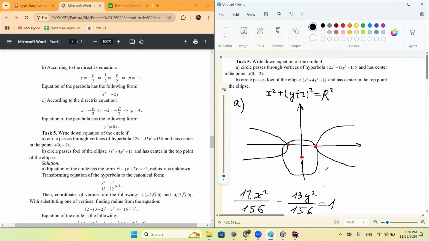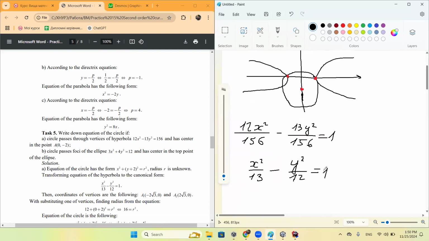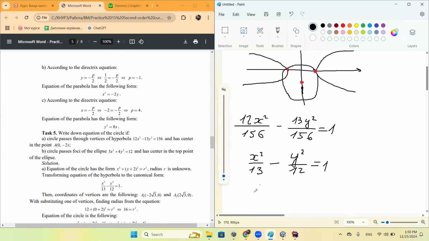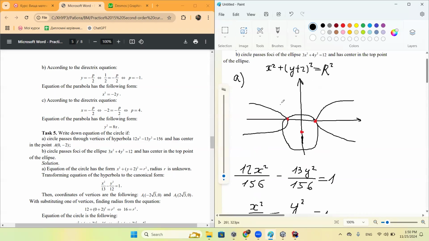So coordinates of the vertices are the following. Oh, no, incorrect order.